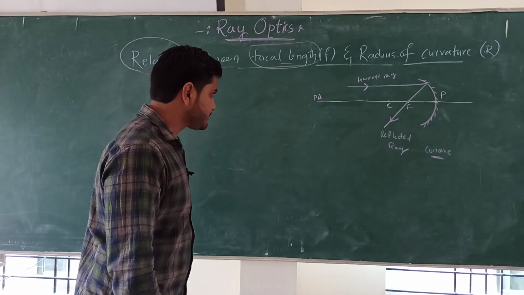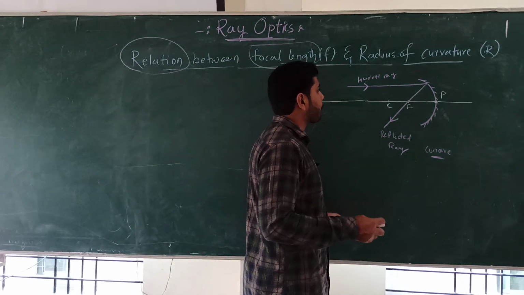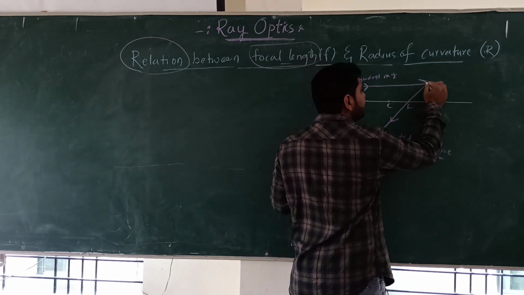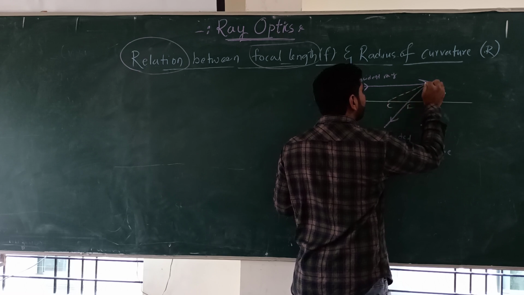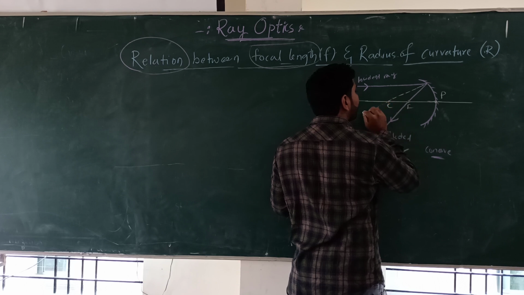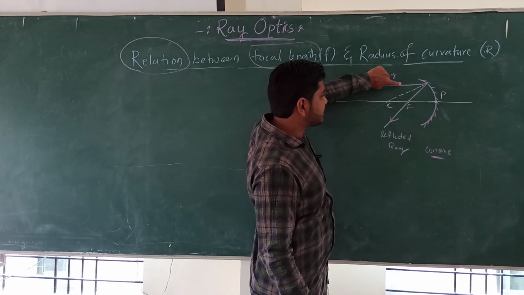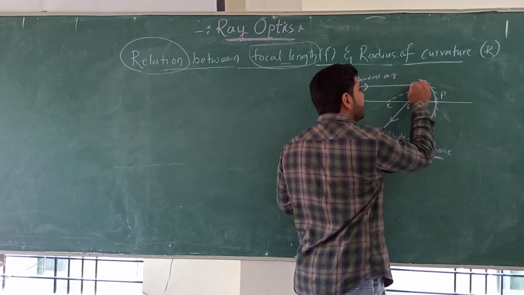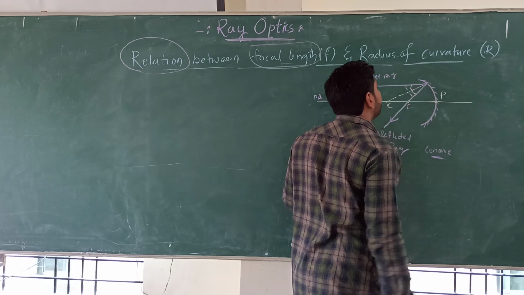So this is the incident ray and this is the reflected ray, and this will be the normal. If this is the normal, then this angle is the angle of incidence and this angle will be the angle of reflection.